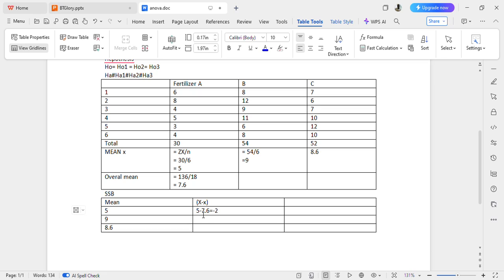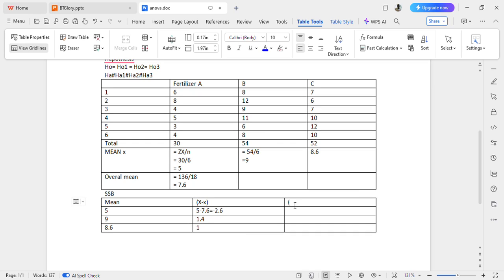Negative 2.6. So 9 minus 7.6, you get 1.4. Then finally 8.6 minus 7.6, you get 1.